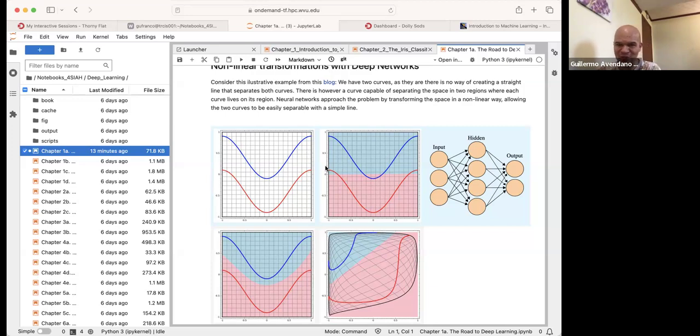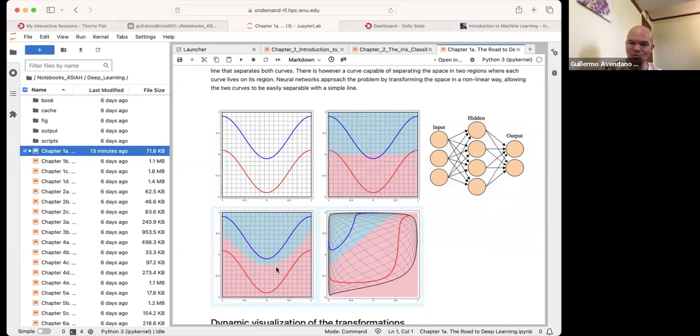What a neural network is doing, thanks to this non-linearity, is introducing a twist, is changing the space, is twisting the space. What we are showing here are real examples of the kind of twisting that those neural networks are doing, in such a way that the whole space is distorted to a point where a simple straight line in that distorted space can help you identify which areas belong to which.